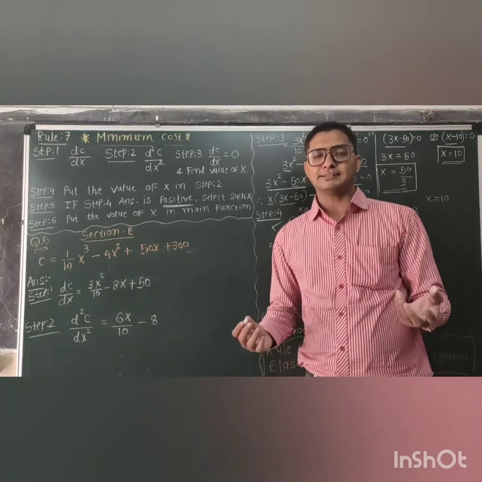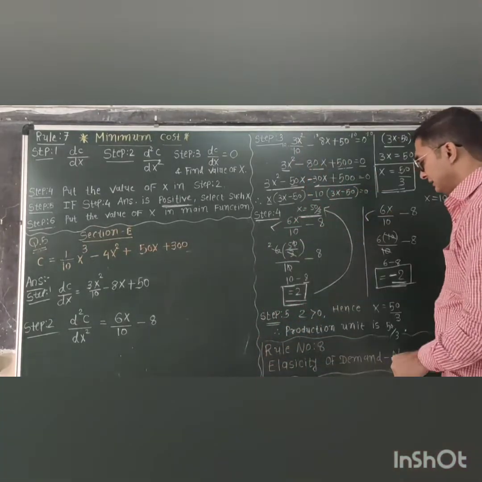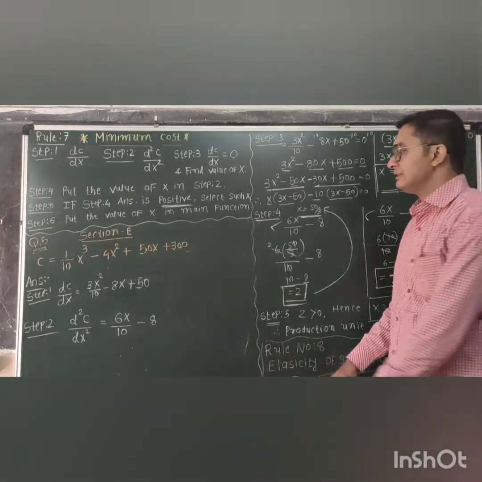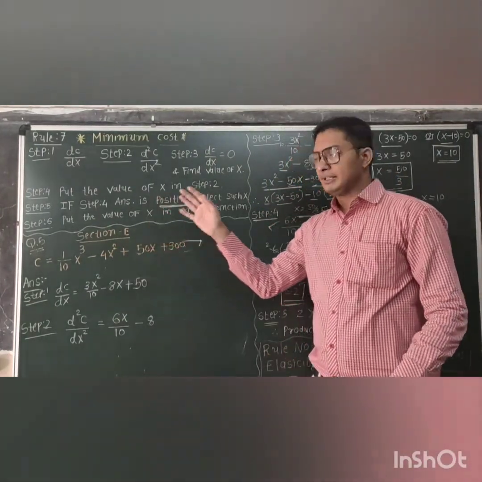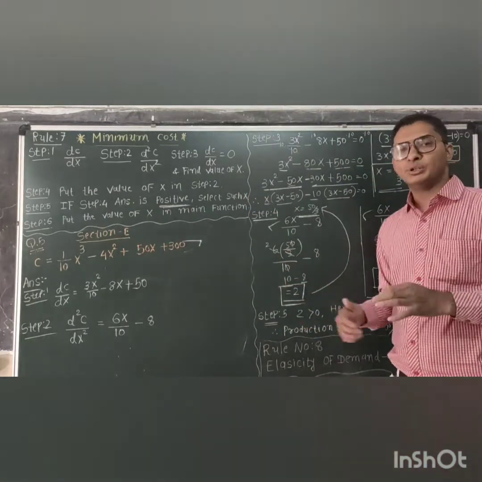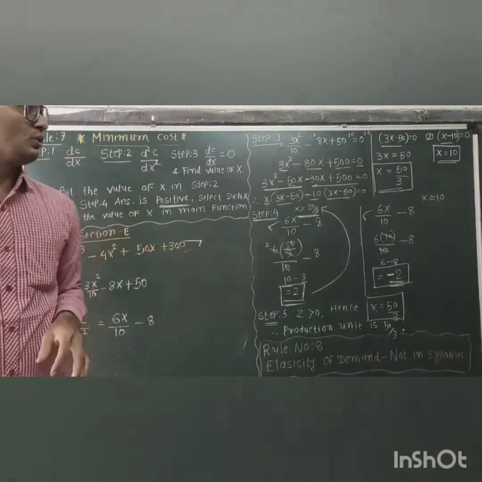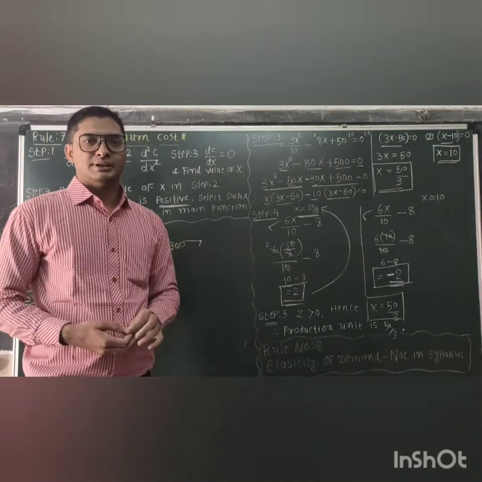But if they ask what the total minimum cost is, then put this value of x, that is 50 by 3, in the main function equation as per step 6. But in this question there is no need for step number 6. So finally we have completed rule number 7, minimum cost, with these 6 simple steps.